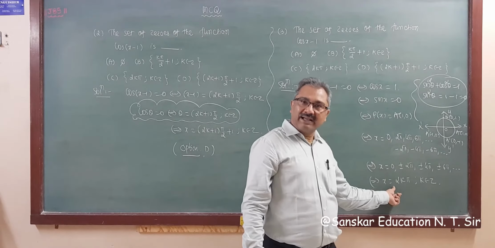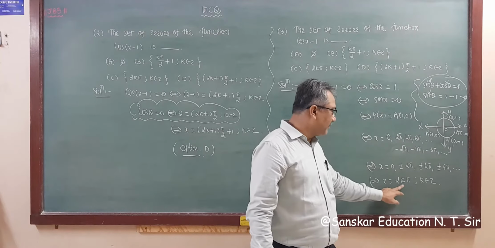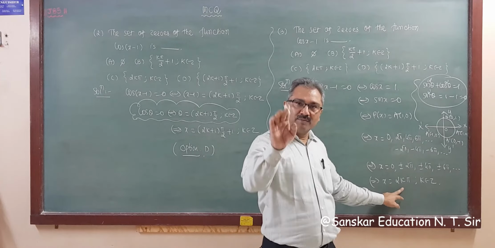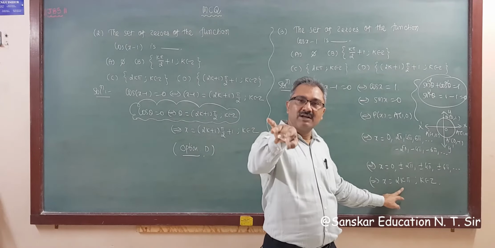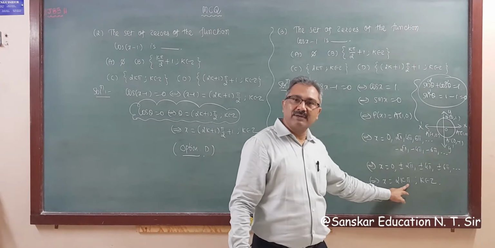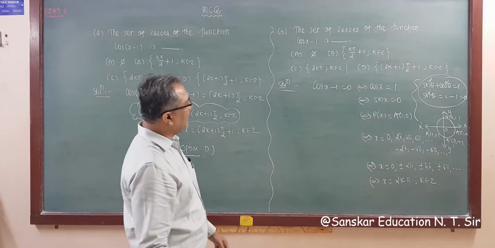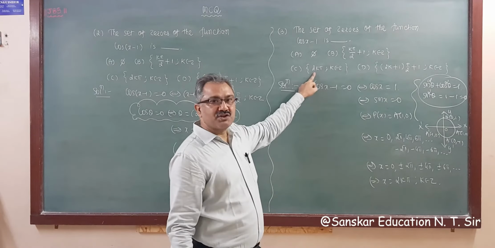You learn this in 9th and 10th standard, so no need to explain anything, right? These are the set of even numbers 2k, and if an odd number is given, then 2k plus 1, or 2k minus 1 you can take. And also multiple of π, so I am multiplying by π. So your answer will be x is equal to kπ, k belongs to Z, that is option C.